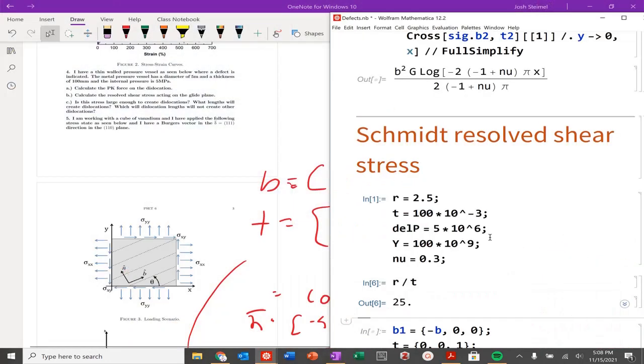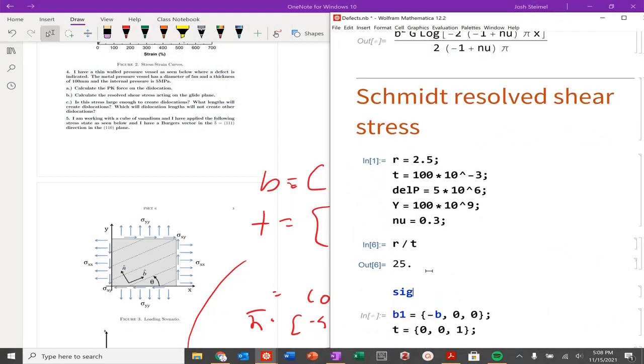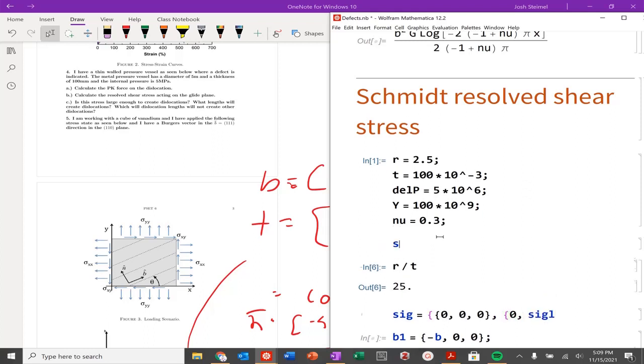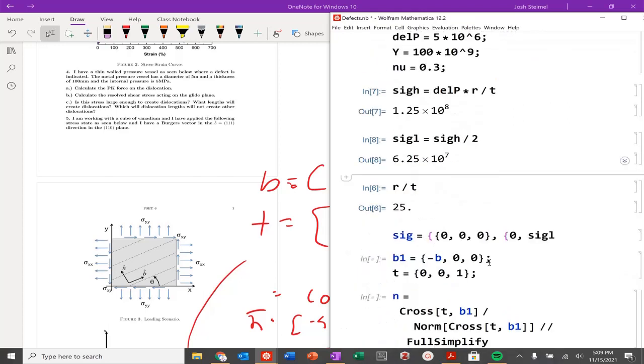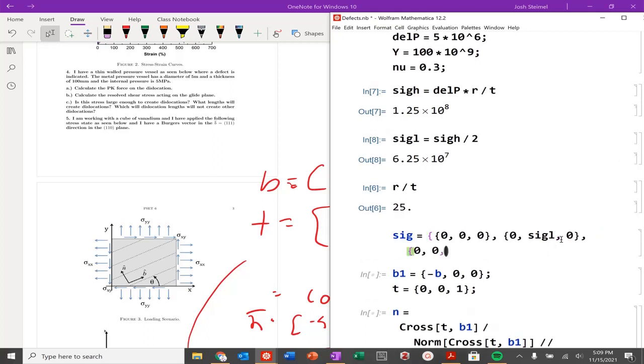So I have my sigma, which is equal to, like we just said, 0, 0, 0, 0, sigma L. Actually, now we need to define sigma H equals delta P times R divided by T. Sigma L equals sigma H divided by 2. And so sigma L, 0, and then 0, 0, sigma H.